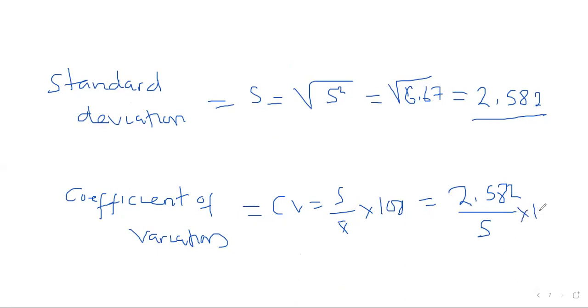Then times 100. We get 51.64. So this is how we deal with what we call ungrouped data.